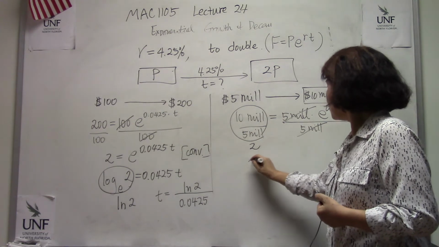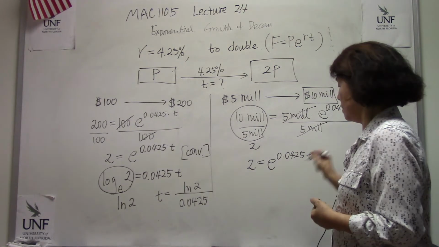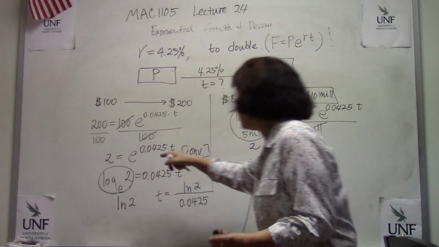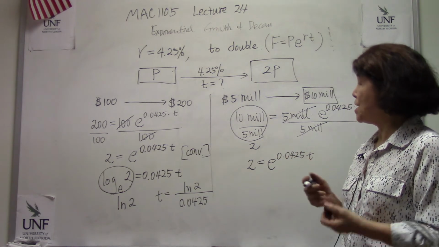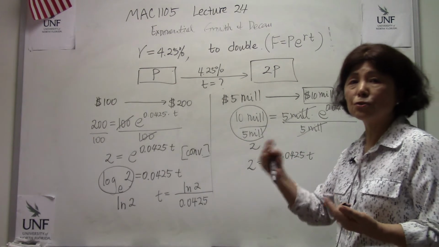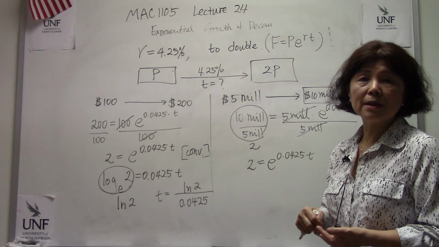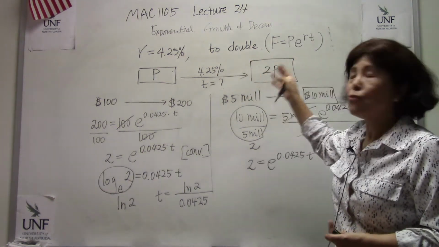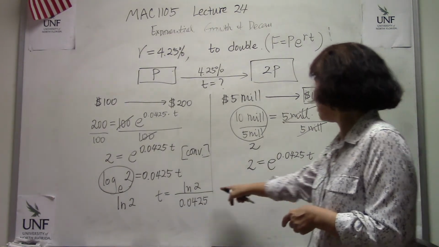So what's left? 2 equals e to the 0.0425 t. What I'm showing over here is the same as the equation we saw earlier. So what it says is, it doesn't matter from $1 to $2, or from $100 to $200, or from $5 million to $10 million. If you are waiting for your money to double, you are going to wait the same amount of time, in years.